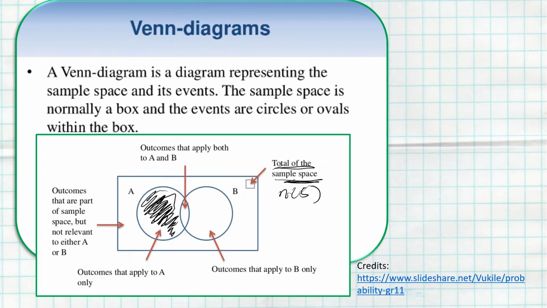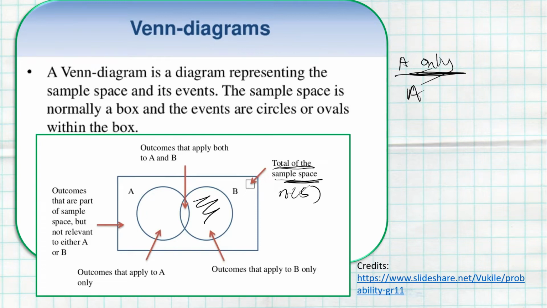Very, very important: we are not saying it's for A, we are saying it's for A only, because it does not include something for B. There's a difference between saying A only and saying A. When you say A only, you imply the outcome is only for A. But when you just say A, you imply the whole circle for A, which can also include the intersection with B. So be very, very careful with that.